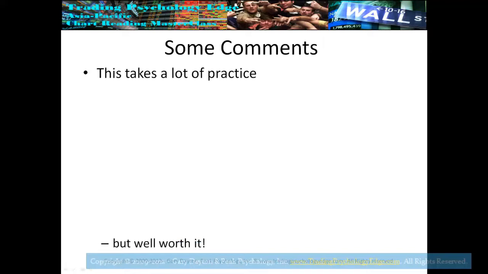This does take a lot of practice, especially trying to do it real time. It's not easy. It takes some real effort, and you make mistakes in the beginning, and it can be frustrating. But once you get the skill, it's really well worth it. Does it mean that you get it 100% right all the time? No, absolutely not. In fact, I was looking to go short today, and it was clear to me in the morning, before the open, that we weren't going short today.